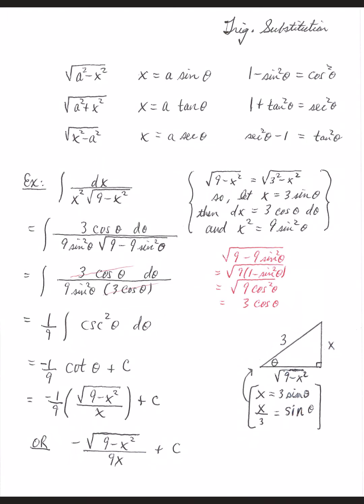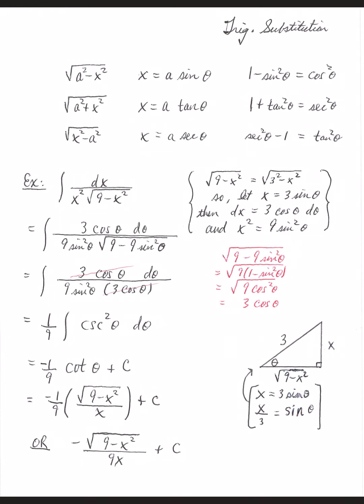Okay, now here's where it gets part 2 of being a little tricky. Our original substitution was x equals 3 sine theta. Look in the lower right portion. X equals 3 sine theta. If you solve for sine theta, you divide by 3. Draw a right triangle, mark a theta.